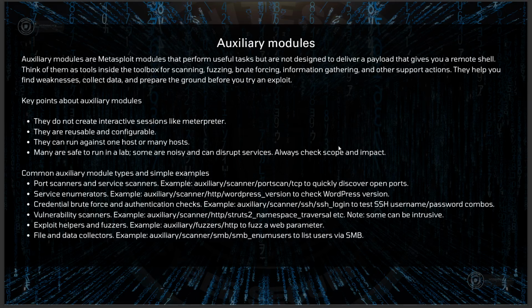As I told you in the last classes as well, auxiliary modules are for scanning, to gather information about your target. If you want to perform user enumeration, then we have an auxiliary module for it. Let me show you.